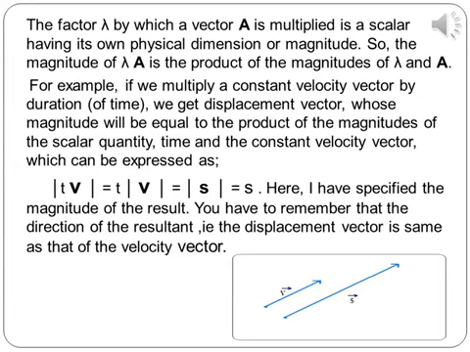The factor lambda by which a vector A is multiplied is a scalar quantity having its own physical dimension and magnitude.